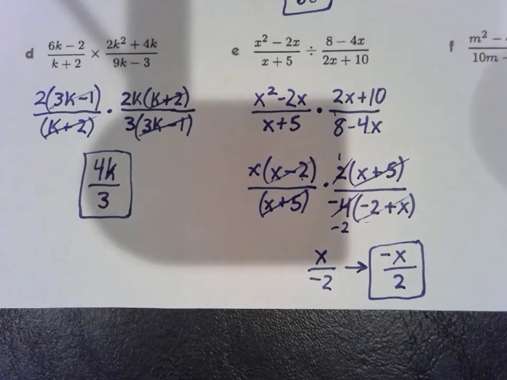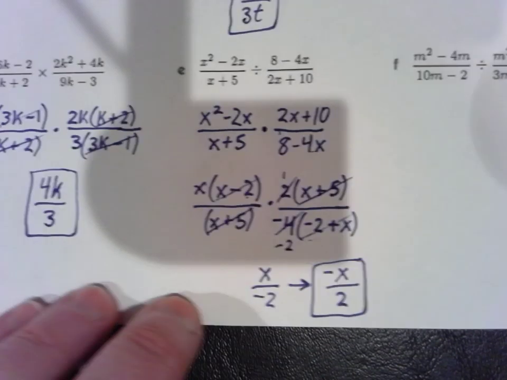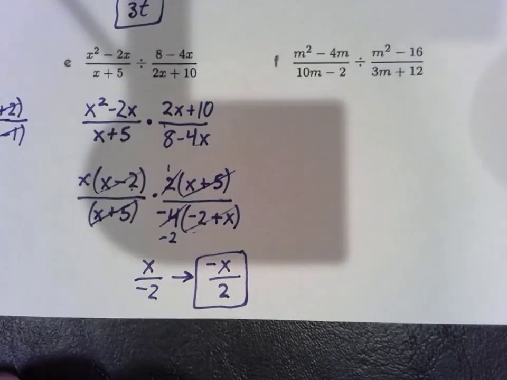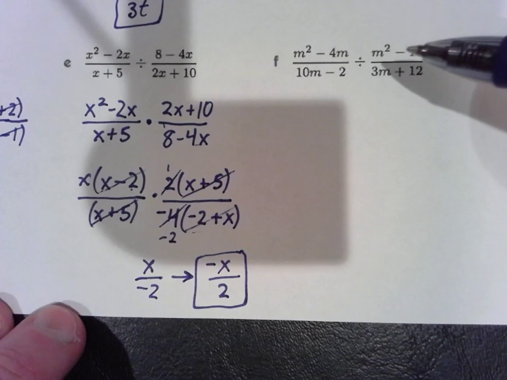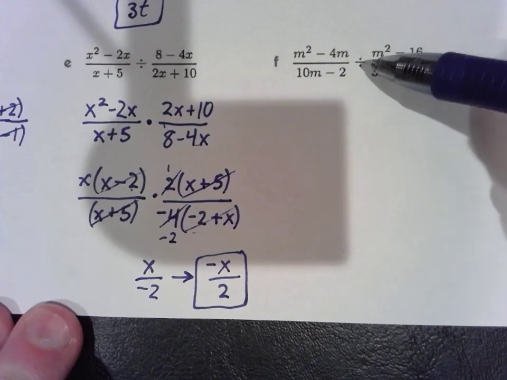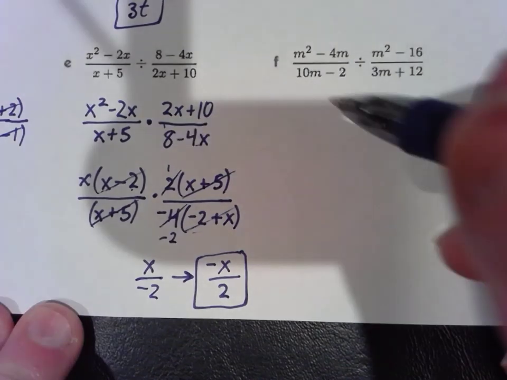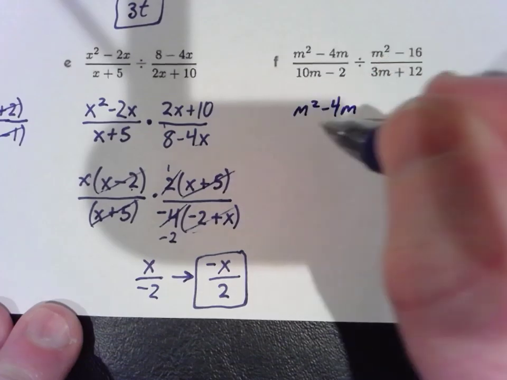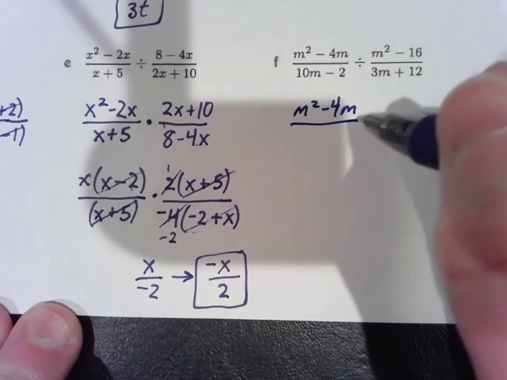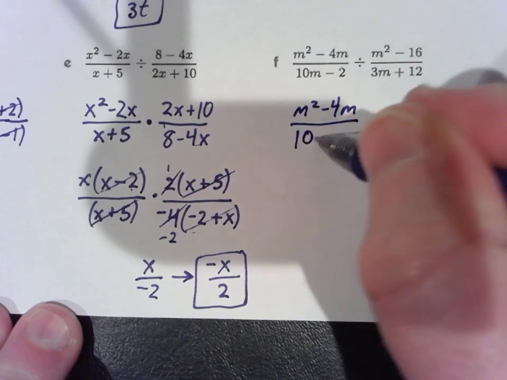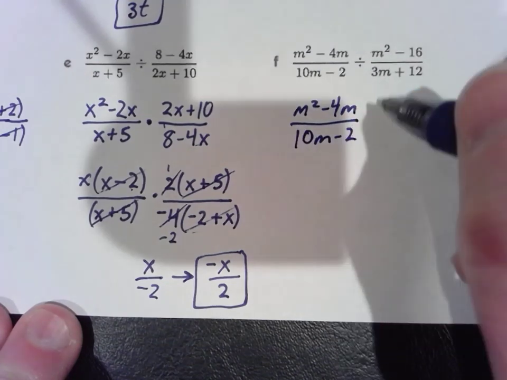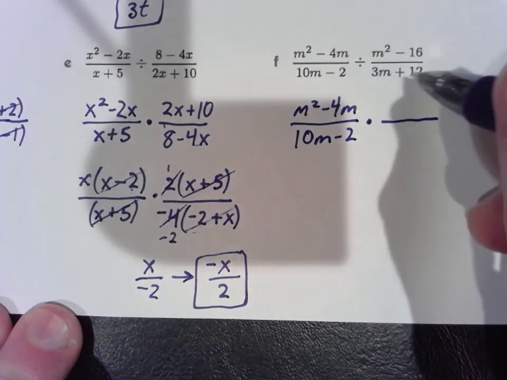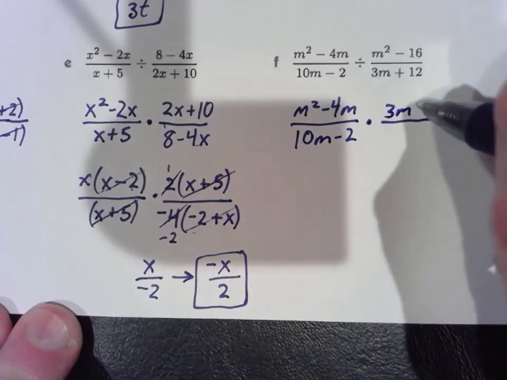Right? One more division problem. So the first step, once I see it's division, change it into multiplication. So we keep the first fraction, change division to multiplication, and flip the second fraction. So 3m plus 12 goes to the top, m squared minus 16 goes to the bottom.